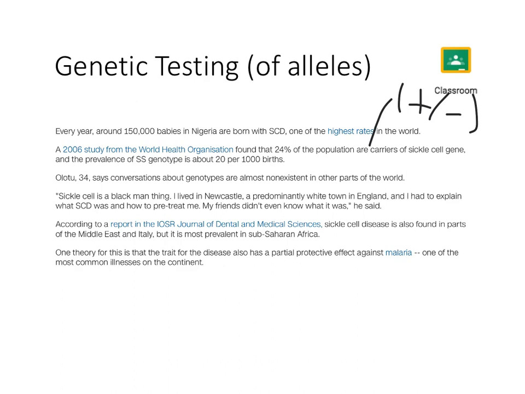And the prevalence of the sickle cell genotype, which is what genotype you have to get sickle cell anemia, which is minus over minus, so an individual that has both mutant versions of the gene gets sickle cell anemia, is about 20 per 1,000 births. So those are the data we need.